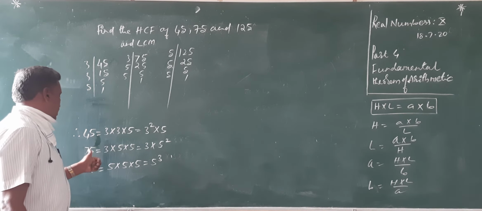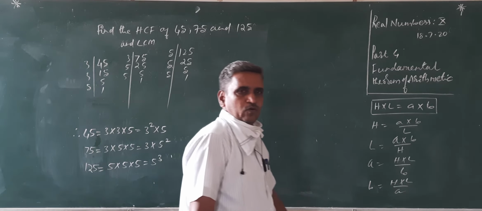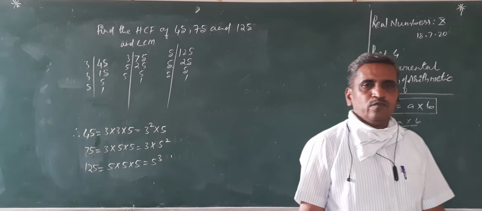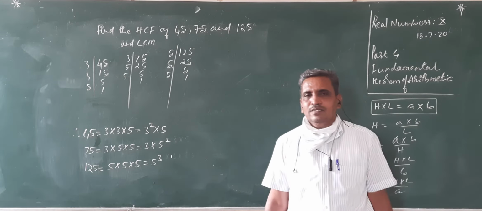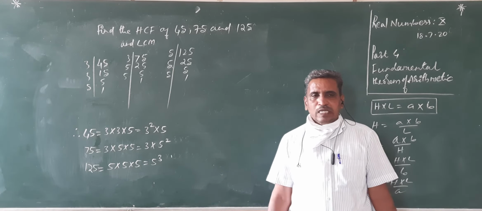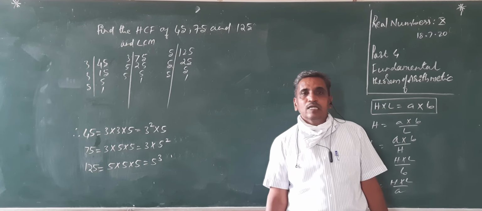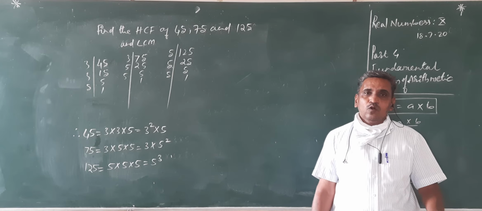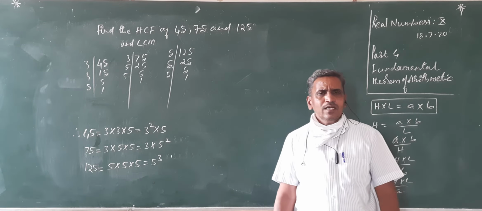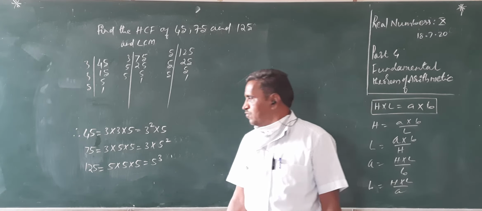So 45, 75, 125 are composite numbers. The fundamental theorem of arithmetic says every composite number can be expressed as the product of its primes, and they are always unique, the order does not matter.